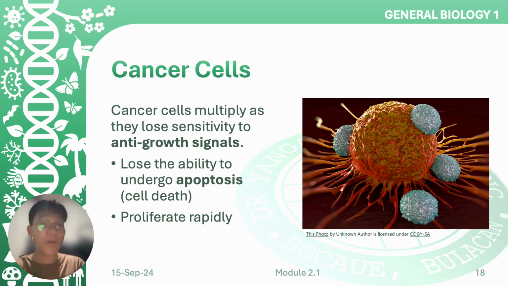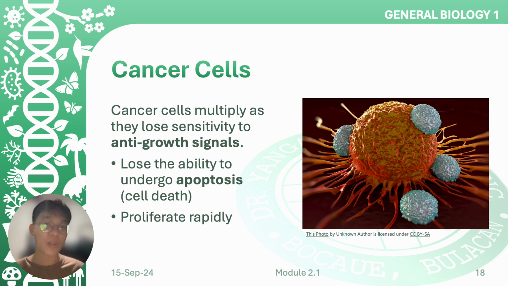The DNA won't make its instruction for the formation of its regulatory proteins. That means there will be no police officers inside that cell that would monitor the quality of the DNA. So even if the DNA replication went wrong, nothing would stop it. Thus, it will keep on dividing and dividing, even if it has the wrong quality of DNA.